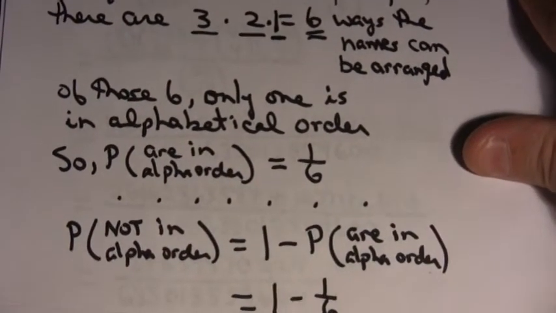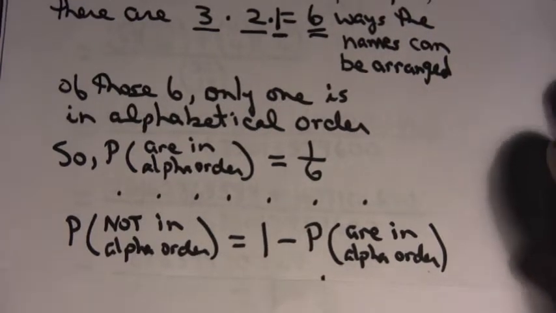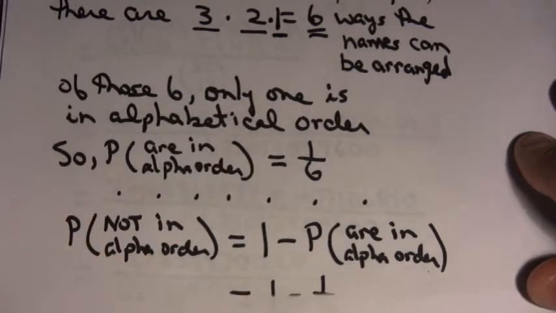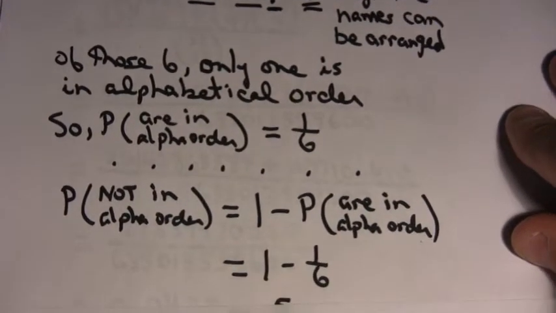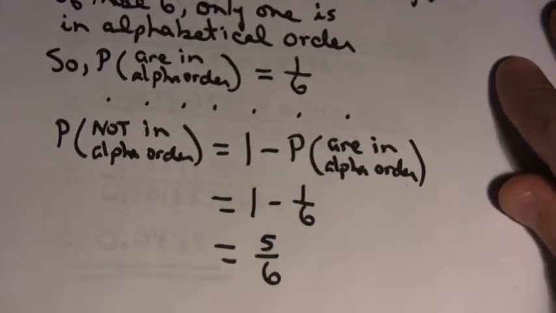We were looking for the probability they were not in alphabetical order. So the probability they're not in alphabetical order, as we said earlier, is 1 minus the probability that they are in alphabetical order. And since the probability that they are in alphabetical order is 1/6, the probability that they're not in alphabetical order will be 5/6.